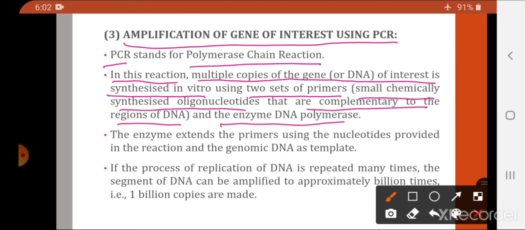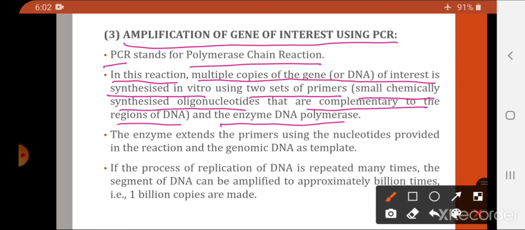हमने now recall the DNA replication process. DNA replication में हमें RNA primers use किए थे. Same way here also we will form the primers, and these primers will be complementary to the what DNA?